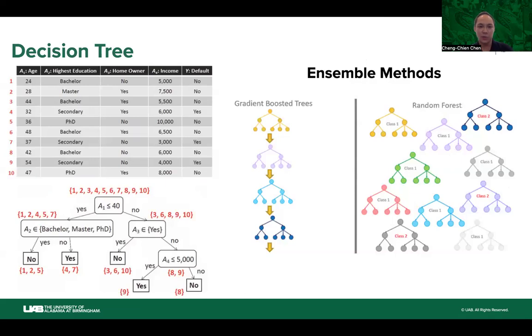Another type of machine learning method I will be discussing is based on the so-called decision tree. This is just an example of a feature matrix and the corresponding target vectors. We don't need to be concerned about the details of what each feature or target means.